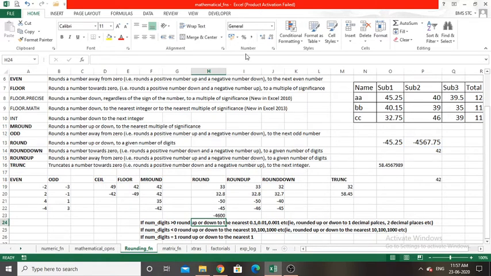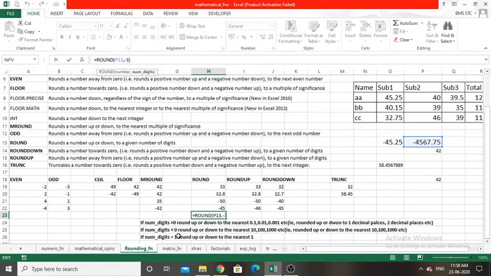See, next, if I pass -3 here, it will consider 1000, right? So it will add 1000. 4567 plus 1000, so the result will be 5000. So here it is. According to the num digit, the round function performs. Okay, if the num digit is greater than 0, it will simply add as we manually did.